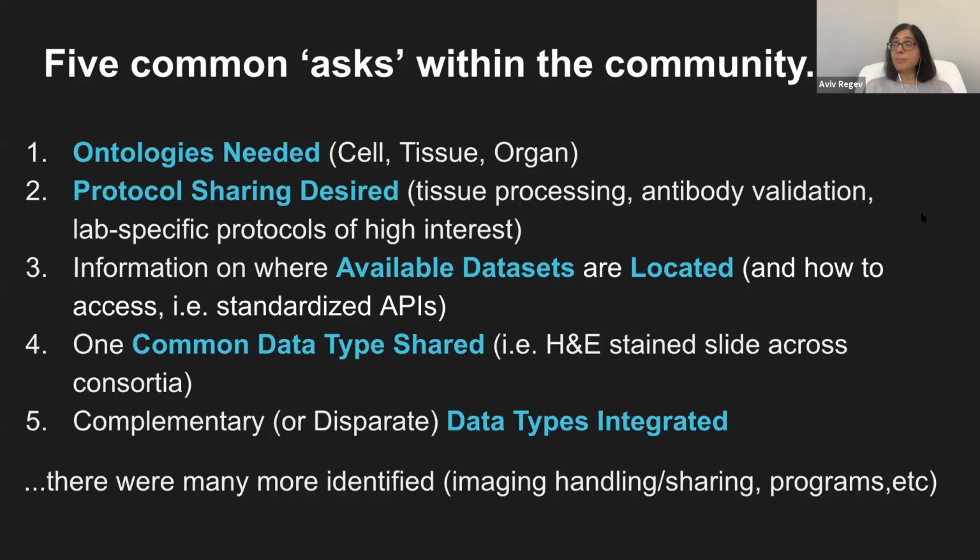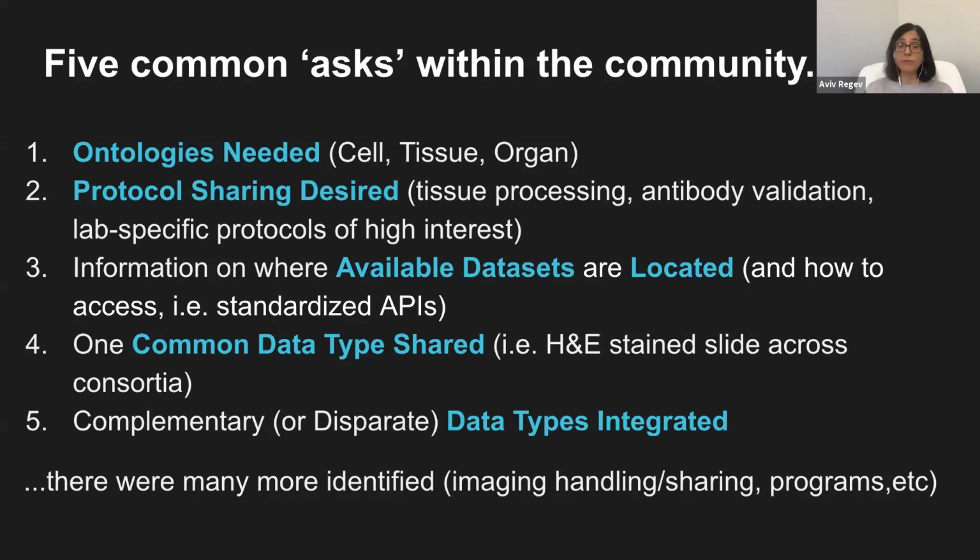It is hard to know still where all the available data sets are and how to access them, especially as these data sets still emerge inside labs. We've seen that very live in the COVID-19 effort to pull a lot of unpublished data sets in order to do a meta-analysis. And it would be amazing if we had one common data type that was shared and everyone was guaranteed to collect. One example was to collect H&E stain slides across all the consortia, as a lingua franca across many different types of efforts and areas of focus.